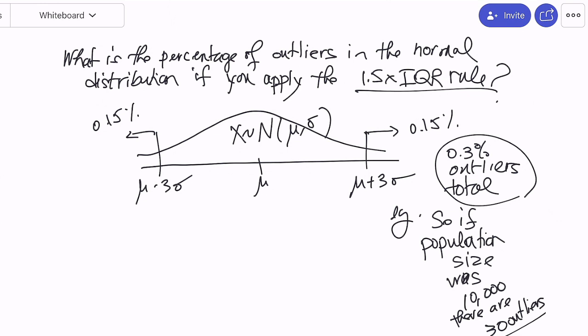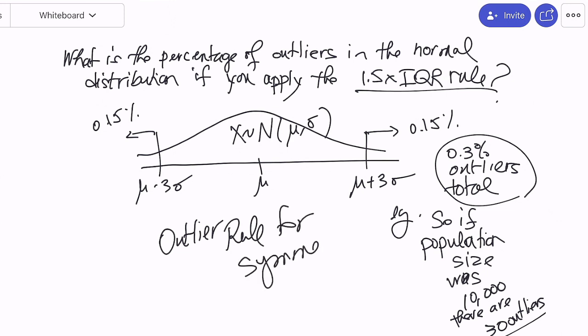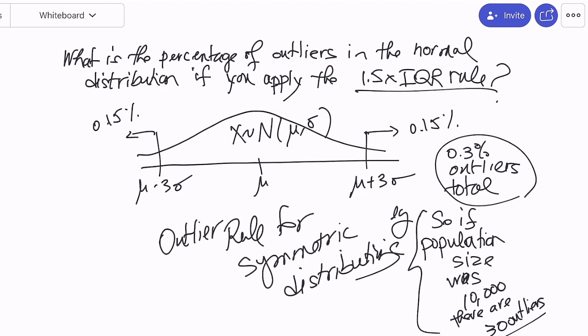So that's using the rule for symmetric distributions. Right? Because outside of 3 standard deviations are called outliers for symmetric distributions.